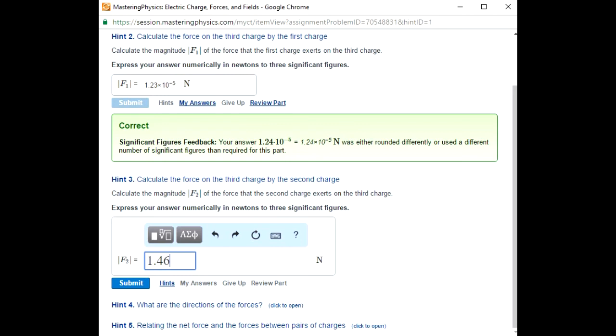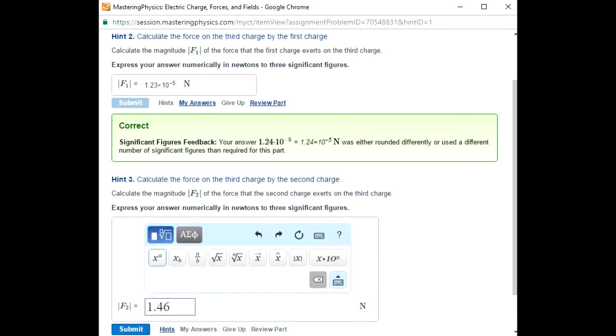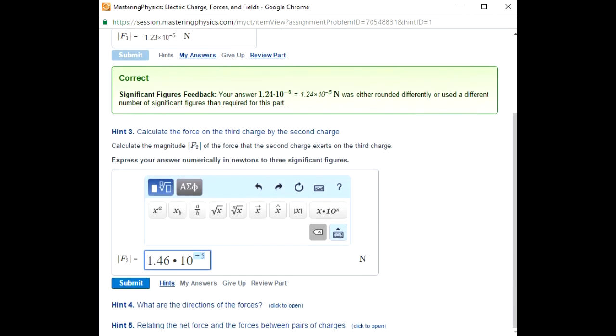Now I'm going to type my answer for Q2, Q3, the force between those particles. So it's 1.46 times 10 to the negative 5.